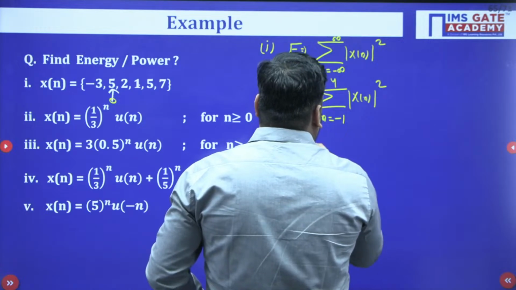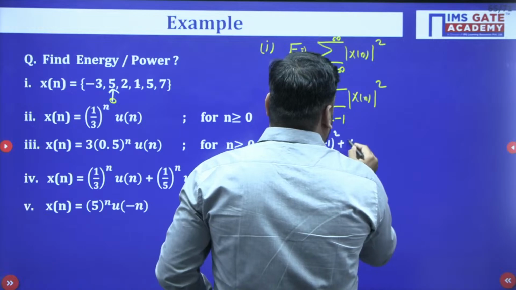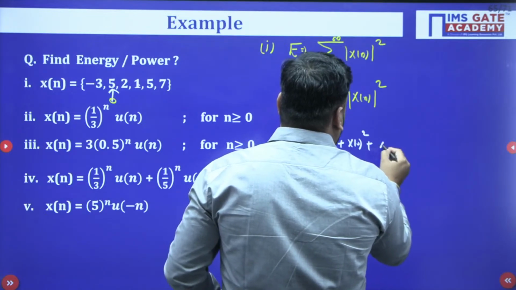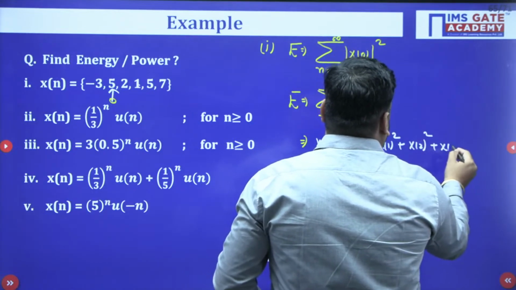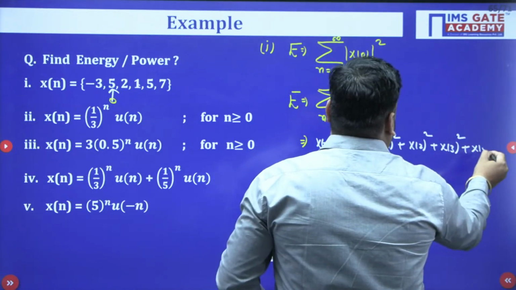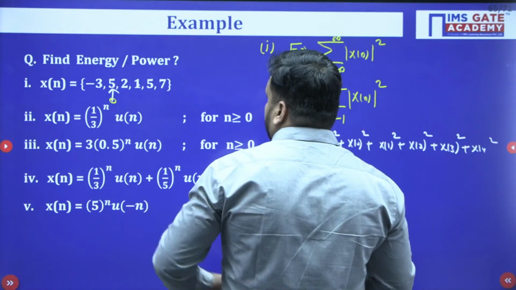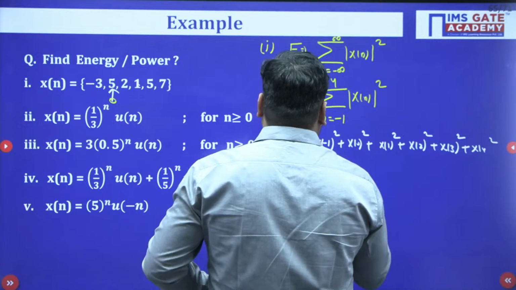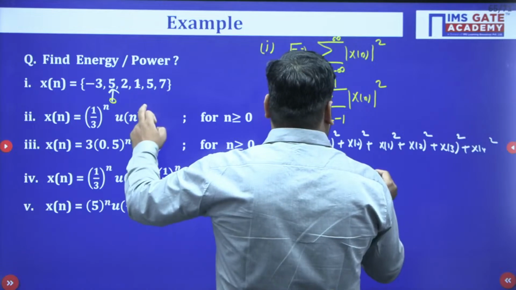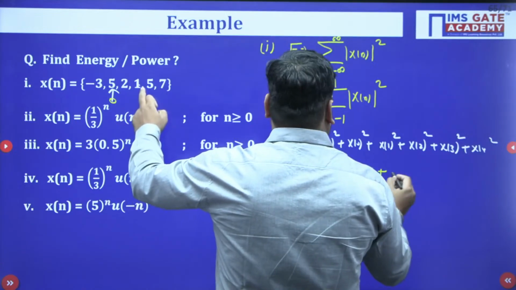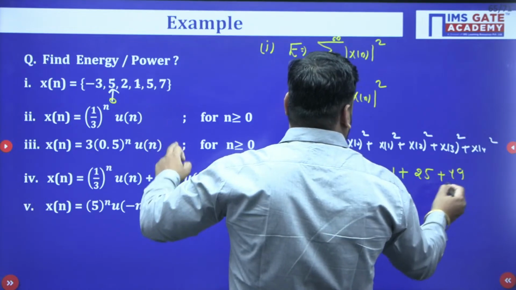So ultimately what are we having, guys? We are having x of minus 1 ka whole square plus x of 0 ka whole square plus x of 1 ka whole square plus x of 2 ka whole square plus x of 3 ka whole square plus x of 4 ka whole square. So ultimately, x of minus 1 is minus 3 ka whole square, 9, plus 5 ka whole square, 25, plus 2 ka whole square, 4, again 1 ka whole square, 1, 5 ka whole square, 25, and 7 ka whole square, 49.